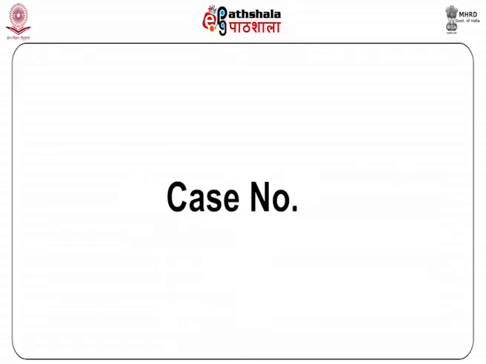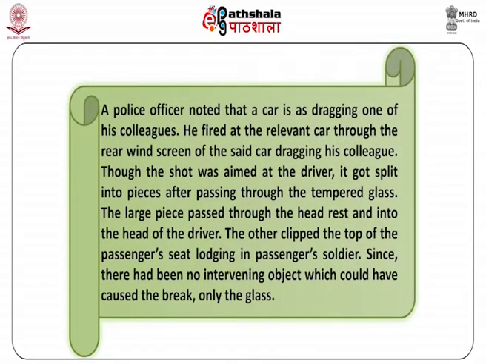Case number 1. A police officer noted that a car was dragging one of his colleagues. He fired at the car through its rear windscreen. Though the shot was aimed at the driver, it got split into pieces after passing through the tempered glass.